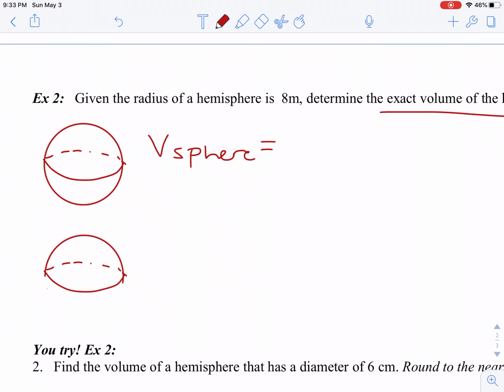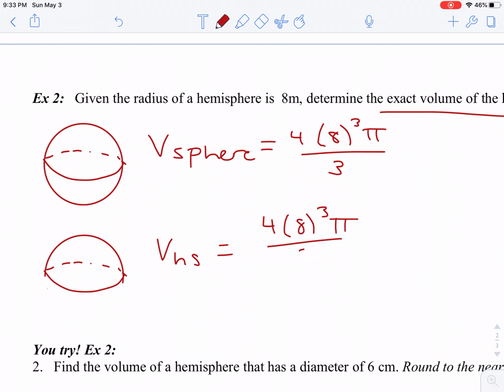So I'm going to start by finding the volume of the sphere, which is going to be 4 times the radius, which we know is 8, cubed times pi divided by 3. That would be my volume of a sphere. However, it asks us for the volume of the hemisphere. So what we want to do is take that whole thing and divide it by 2.